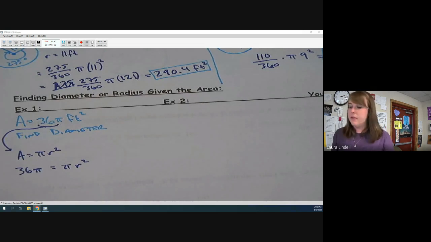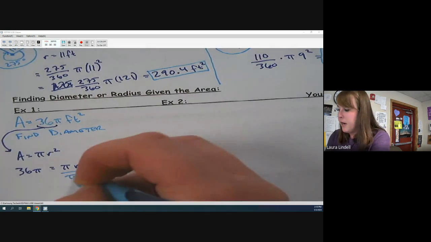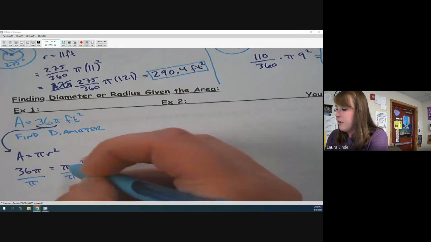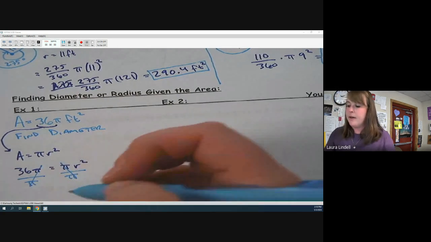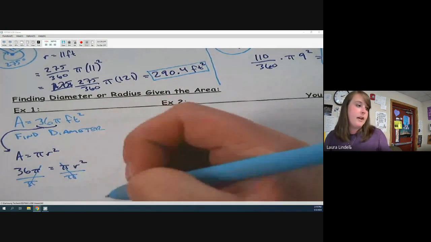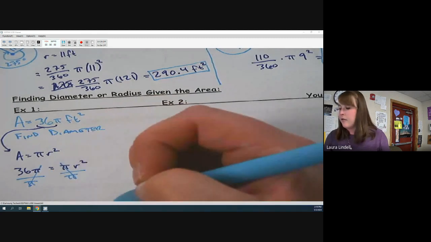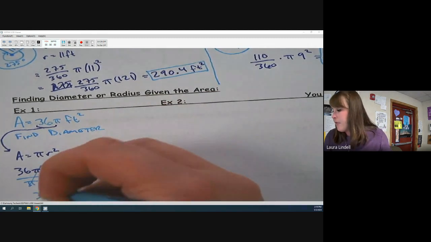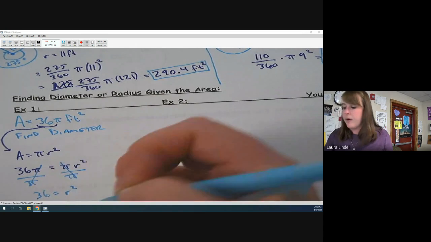The first step is going to be to divide by pi on both sides, just like it was when we were doing circumference to find diameter and radius yesterday. In this case, since there's pi on both sides, it cancels out. So we're left with 36 equals r squared.